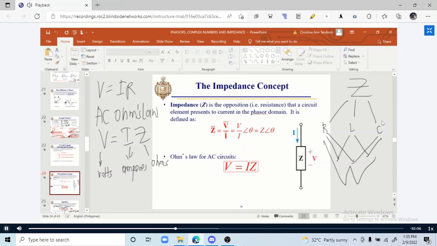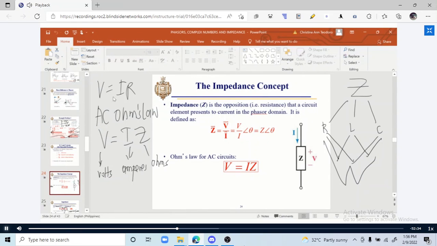And the other way round, we can also say that impedance is a combination of resistance, inductance, and capacitance. Are we clear about this one? So it can be purely one type or it can be a combination. Okay? It depends on your loads.